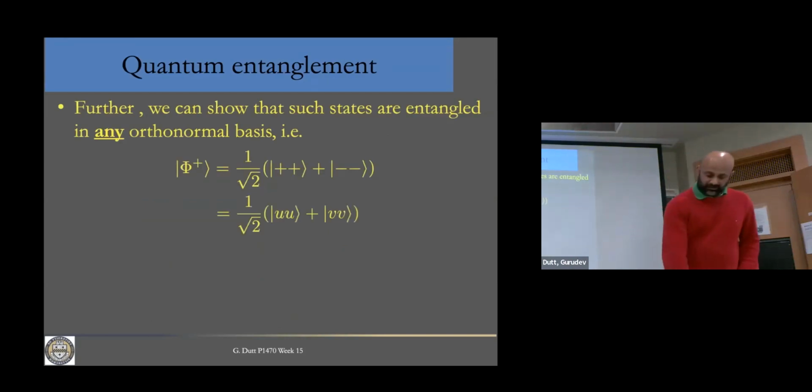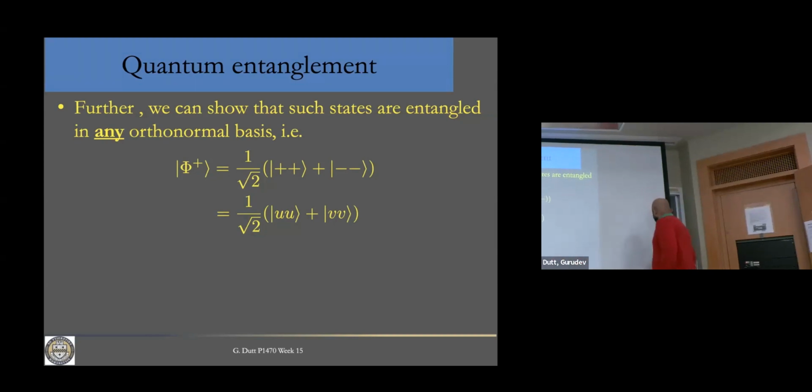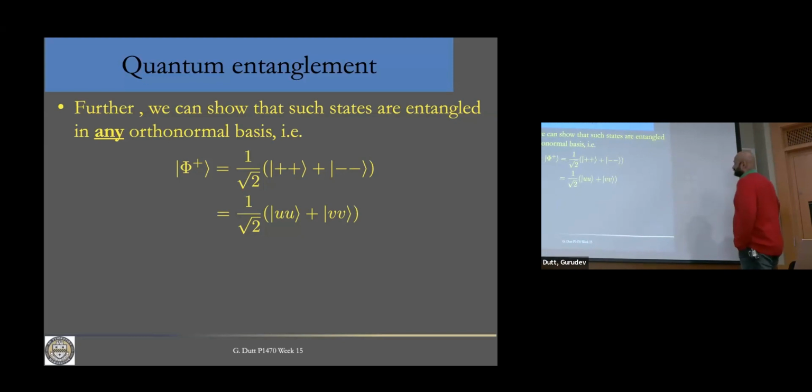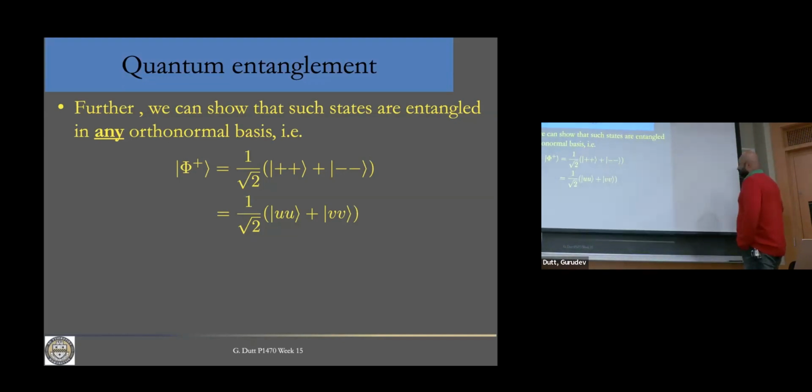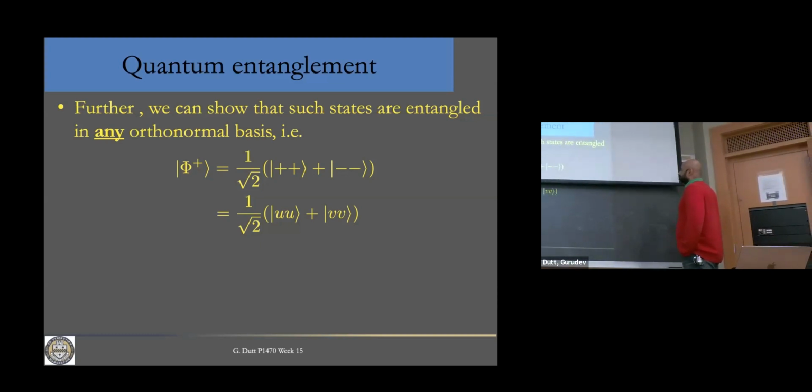Or more generally, it can be written as UU plus VV, where U and V are orthonormal bases. Okay, so here I'll prove that result to you, which is, I think, a very unique situation with maximally entangled states.